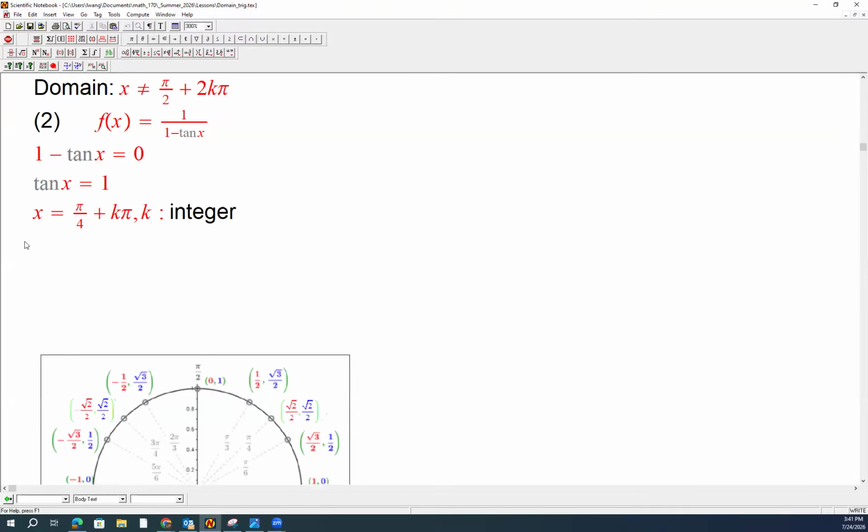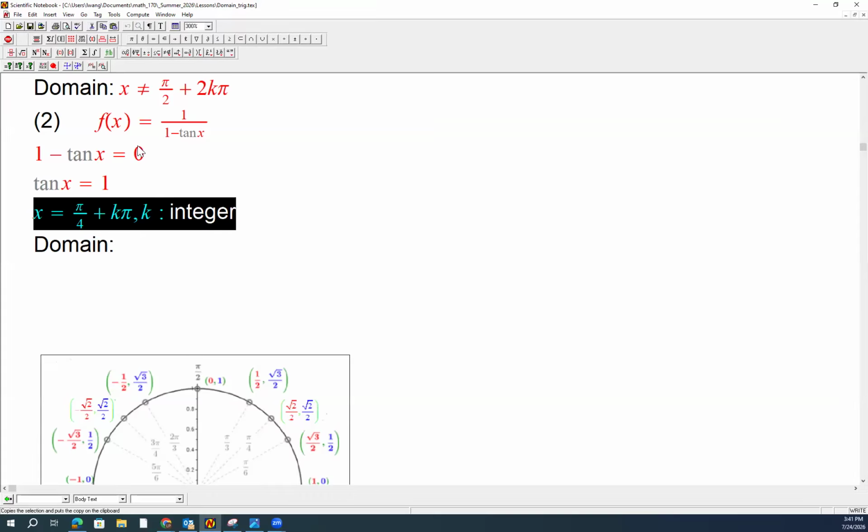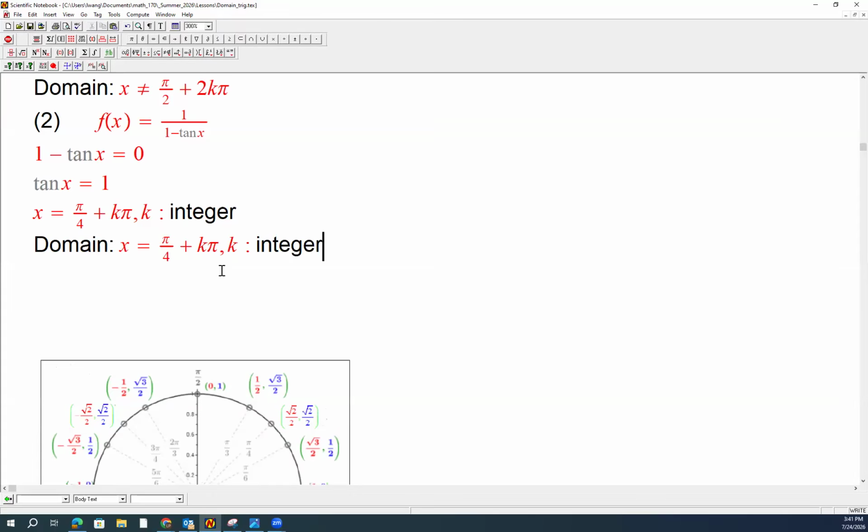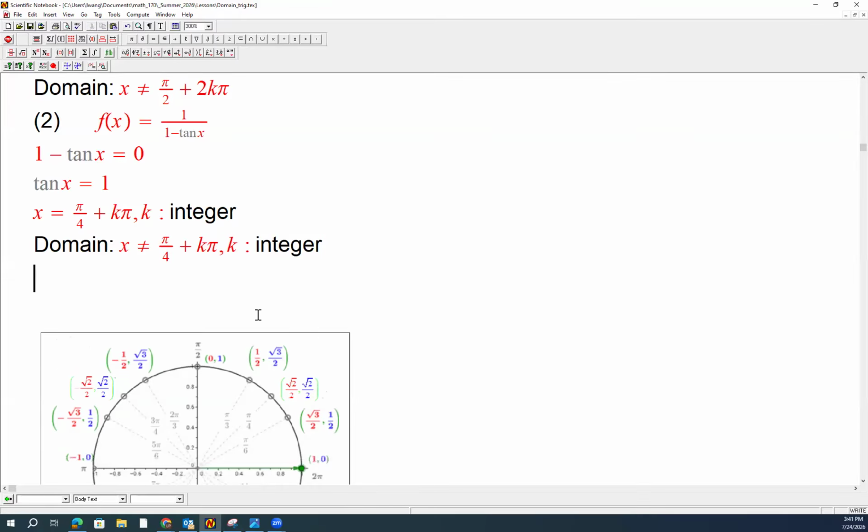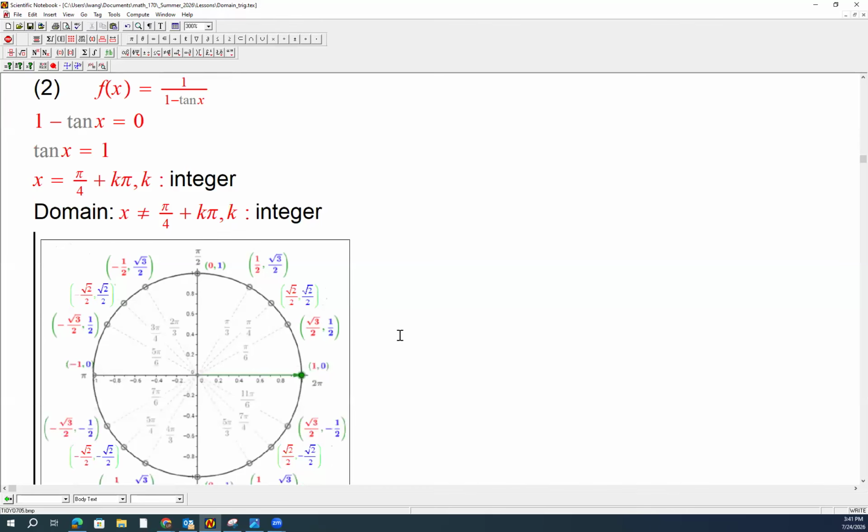So that will be the domain. Now we can express the domain: the domain would be that x cannot be these numbers. From equal, we change it to its opposite, and the domain is determined.